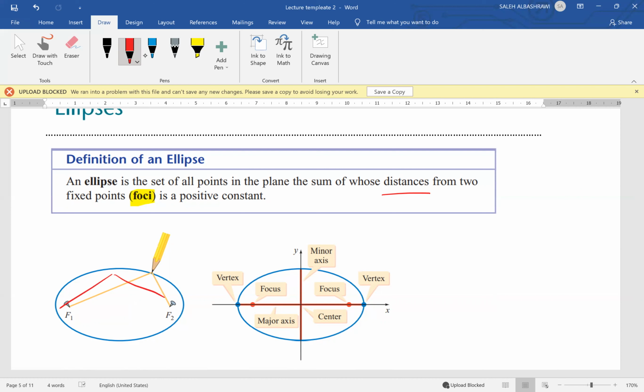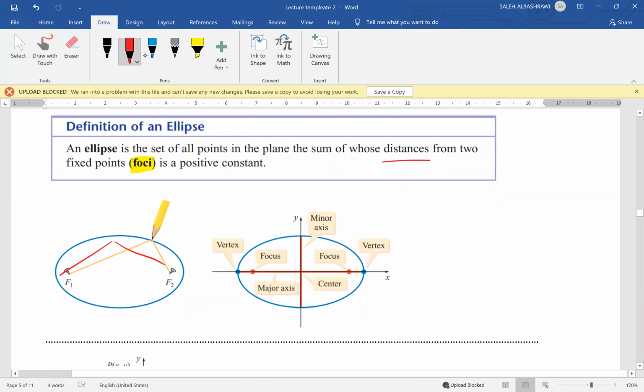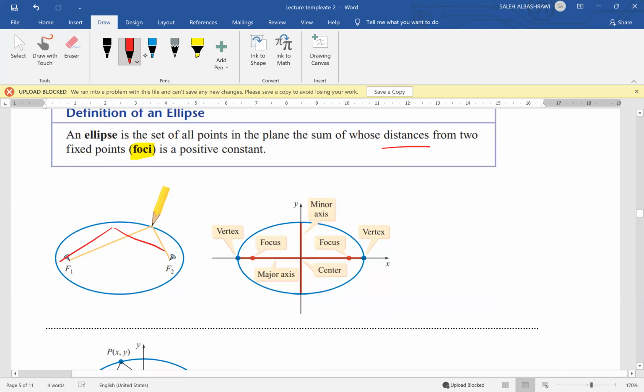For the ellipse, we have main features or elements. We have the center, which is the intersection of the two axes. The larger one we call the major axis, and the smaller one we call the minor axis.